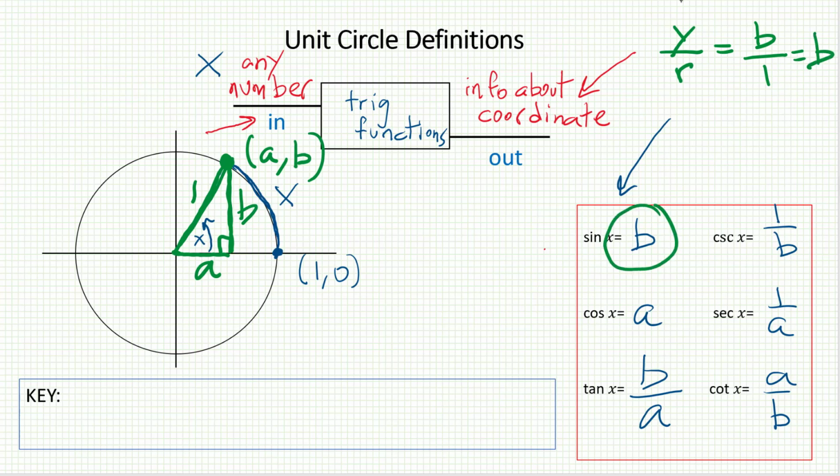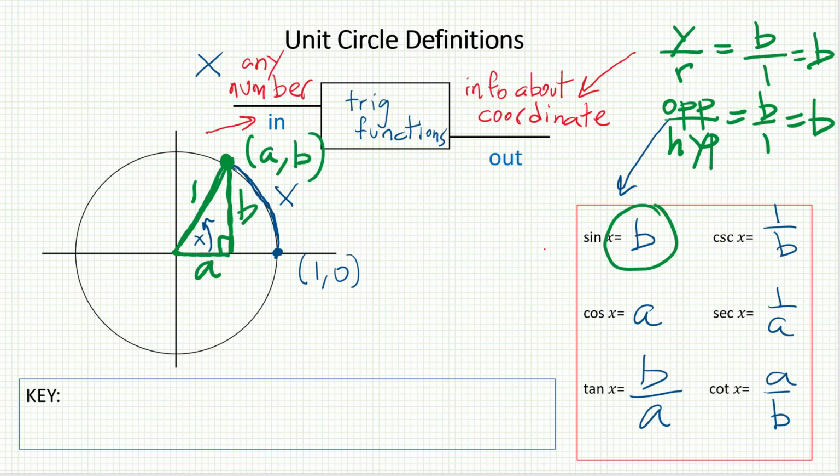It's the same thing. Or our original definition of the sine function, SOHCAHTOA, was opposite over hypotenuse. Well, the opposite would clearly be b, the hypotenuse would be 1, and again, I would get b. It's the same thing. You can try it with the other 5 functions and you'll see they all match.